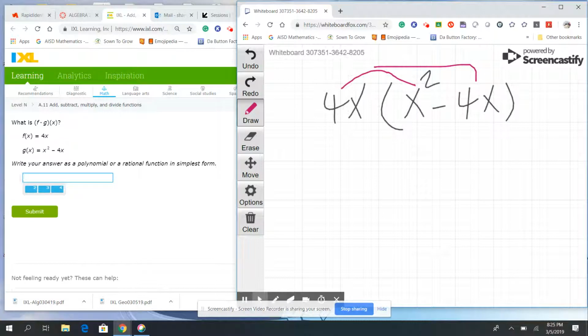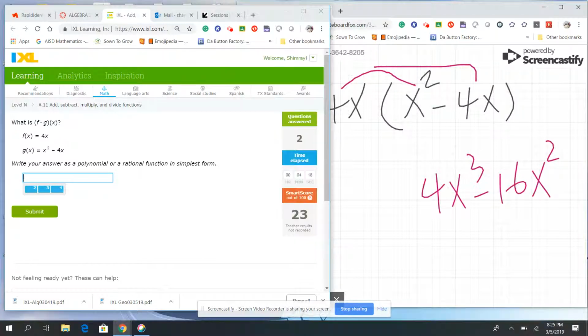So it will be 4x third power minus 4 times 4 is 16. X times x is x squared. So this is how you're going to write it: 4x third power minus 16x second power.